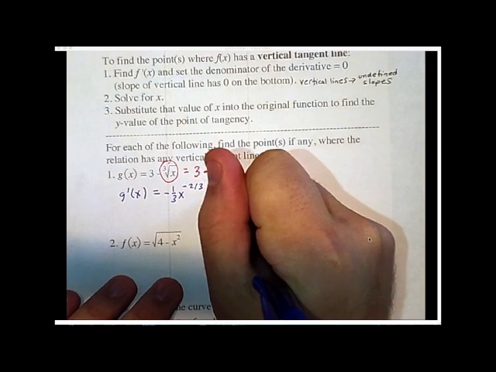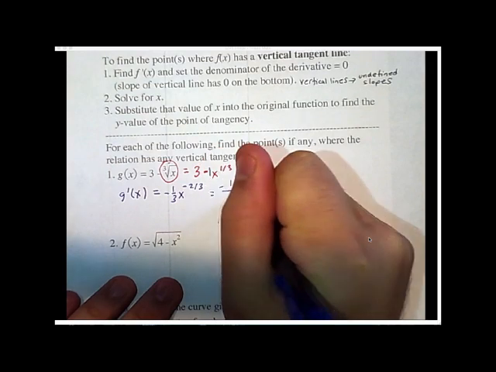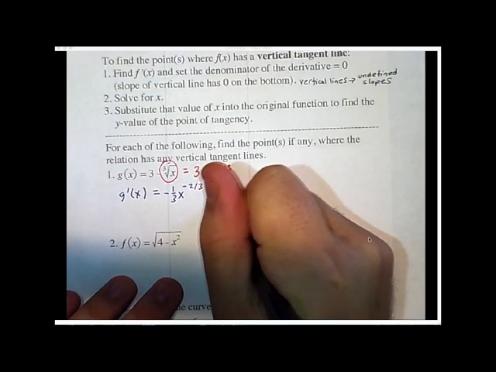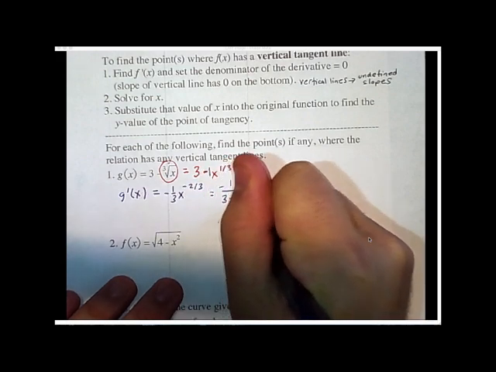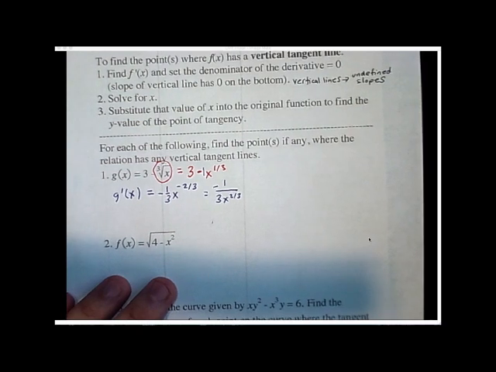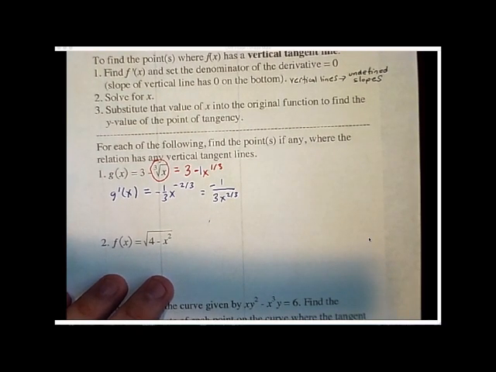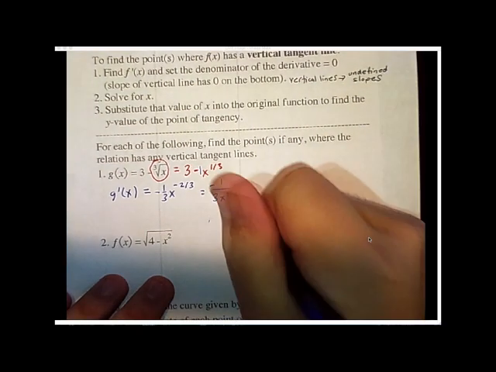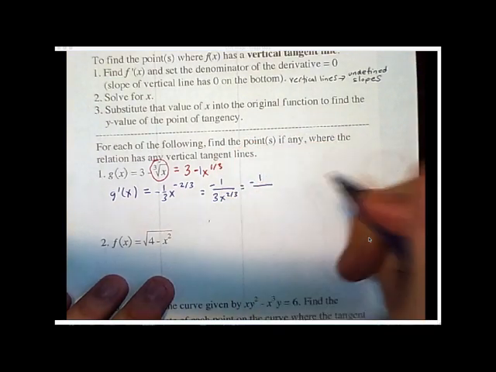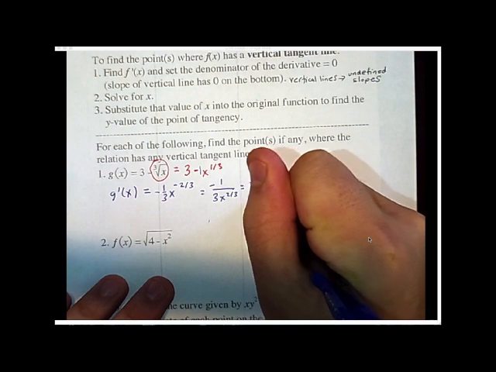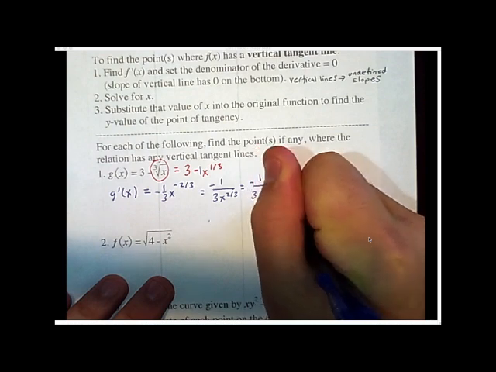Now let's rewrite this a little bit differently. Let's rewrite it as negative 1 over 3, and let's move this x to the negative 2/3 to the denominator. Now let's write it as a radical: negative 1 over 3 times the cube root of x squared.